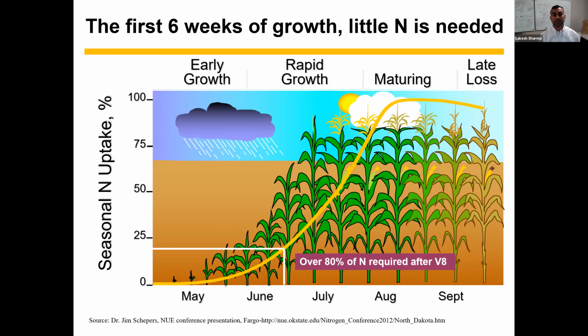But the biggest chunk is required after around the V8 leaf stage, when corn takes up most of the nitrogen that's supplied. This is important to understand, and how that could be done. There are some tools, like modeling tools and sensor tools, that we can use to mimic the crop requirement along with the irrigation.